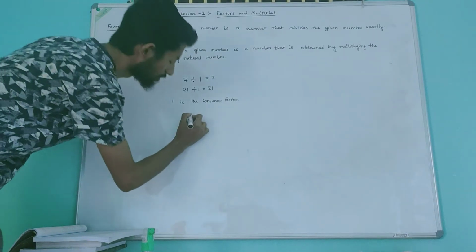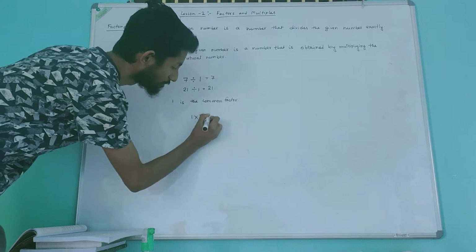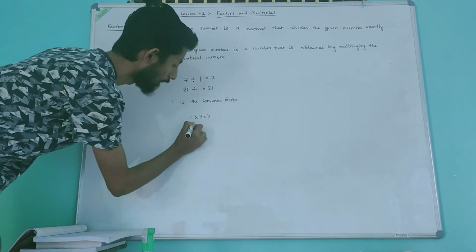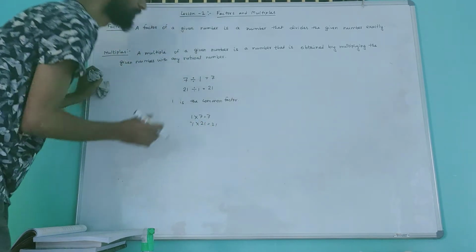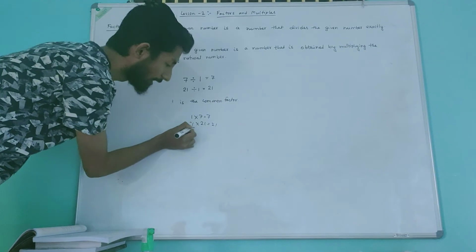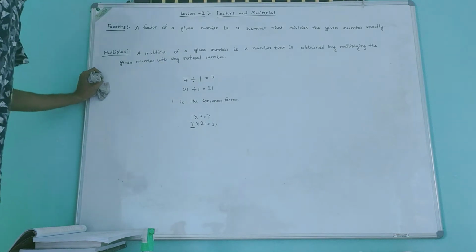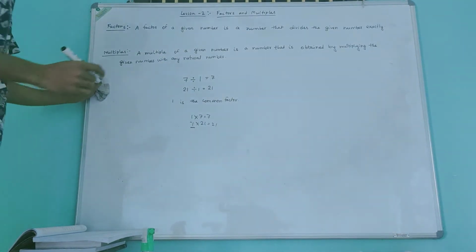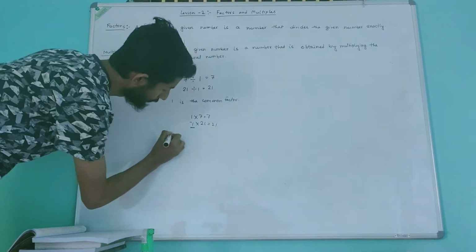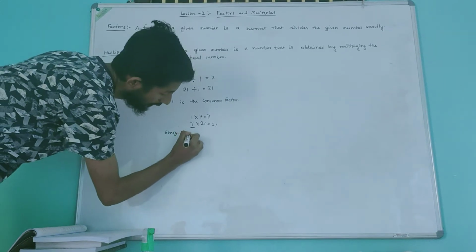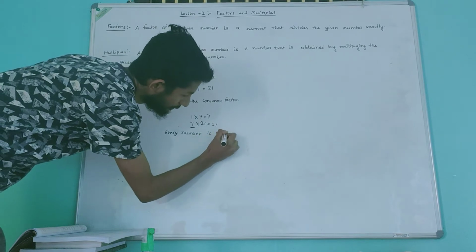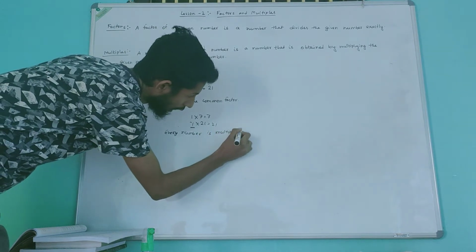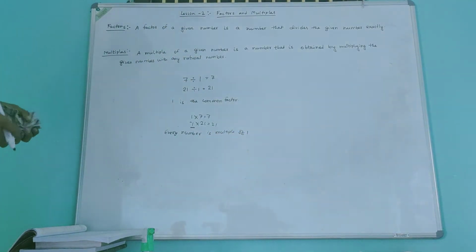Or you can also write 1 into 7 equals 7, as well as 1 into 21 equals 21. So we can see that every number is a multiple of 1.